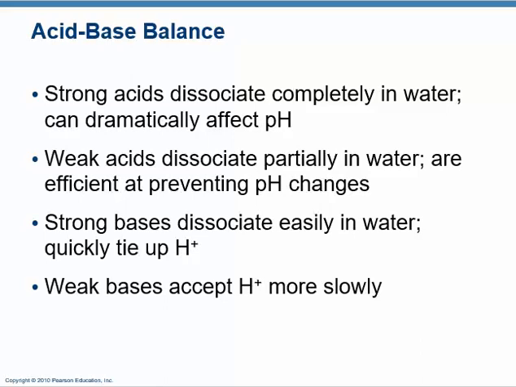A weak acid will partially dissociate. It will associate or dissociate fairly evenly. Strong bases quickly dissociate in water, and they bind up the extra hydrogen. Weak bases accept hydrogen ions more slowly.